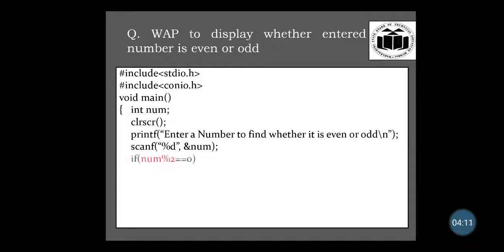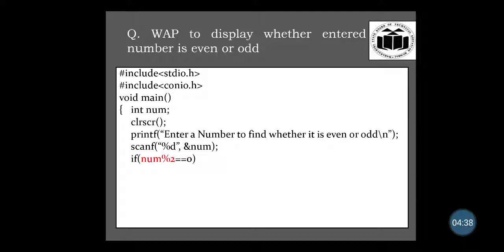The next step is the calculation or logical part. We have to make a logic to find whether a number is even or odd. An even number means the number is divisible by 2. That means the remainder after division by 2 should be 0. So we are checking whether num modulus 2 is equal to 0 or not.